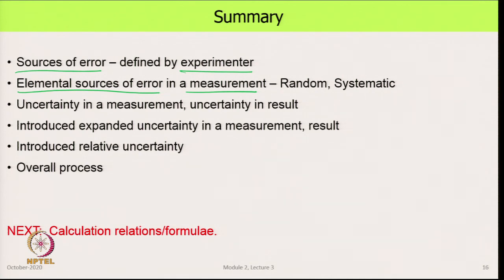At this point it should be a superset. Later on, we may not be able to quantify some of them, or we may argue that some are very small and can be ignored. But at this point, we make a list of all elemental sources of error. And then we say which of these are random and which are systematic.